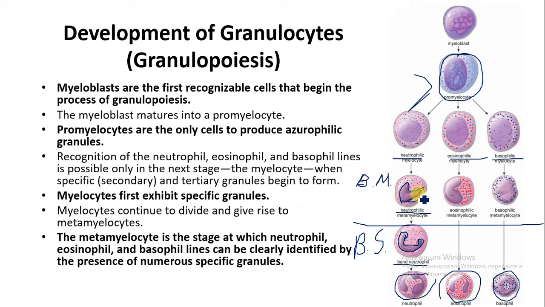Changing of shape of nucleus is reflected in the name metamyelocyte. Later, this bean-shaped nucleus becomes more elongated. It forms a bent neutrophil, and this bent neutrophil later forms the neutrophil. Bent eosinophils form eosinophil, and bent basophils form basophil. Okay, that's the main idea.